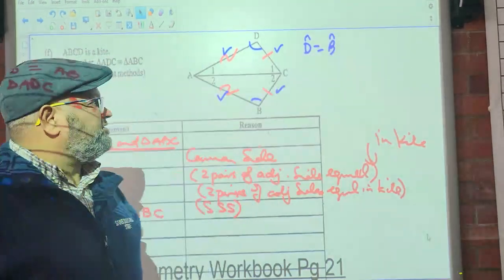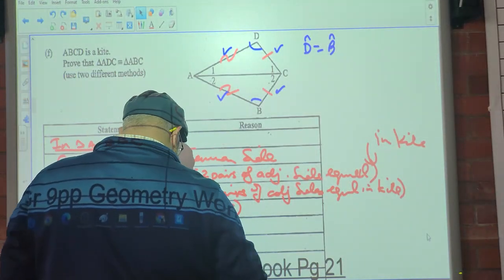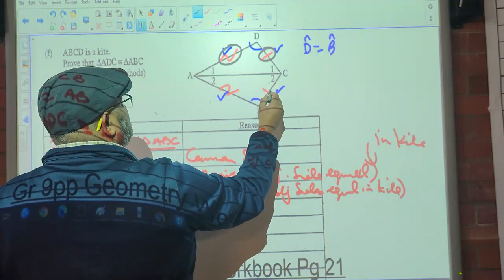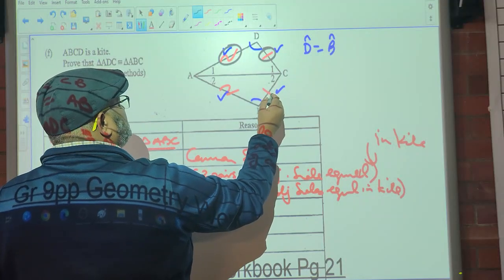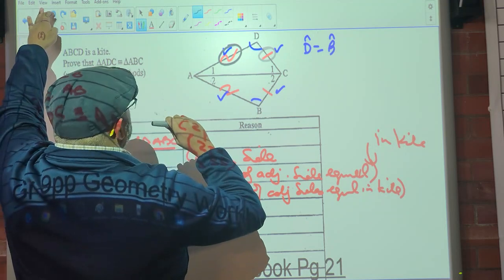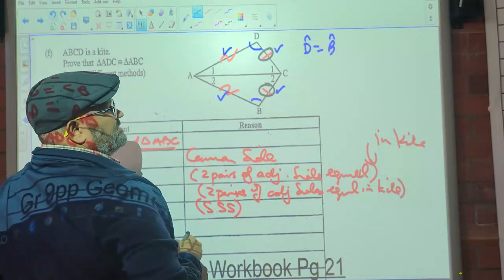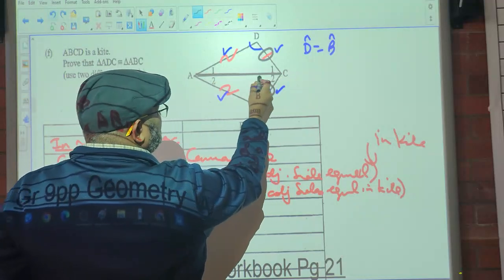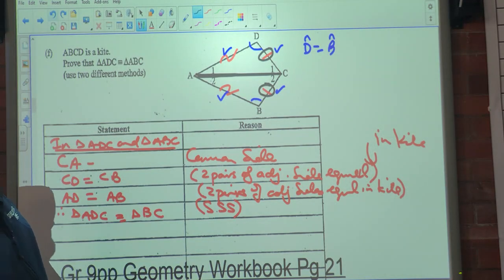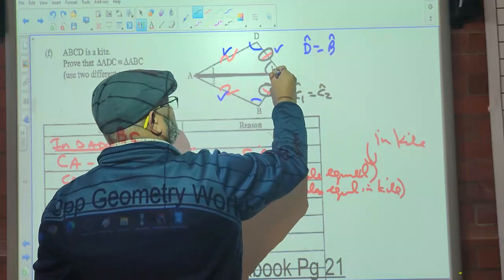This is another way I could have approached this. You could have gone and kept this. You kept that. You keep this one, you go with that one, and this one. We go with this here, which is your common side. Okay? And then we say that angle C1 is equal to angle C2.